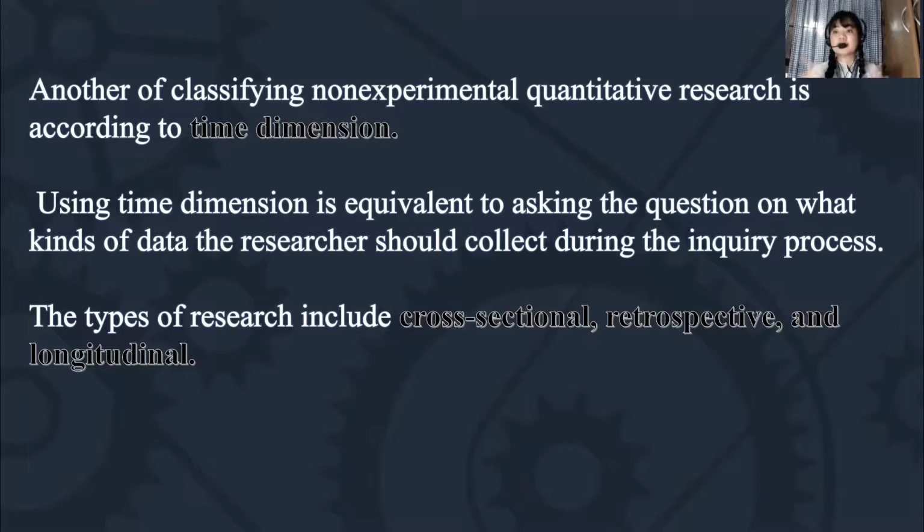So you also have 3 classifications of a non-experimental research class, and that is cross-sectional, retrospective, and longitudinal. So this is actually more onto the data gathering, the time that you are going to spend in gathering your data and comparing them.